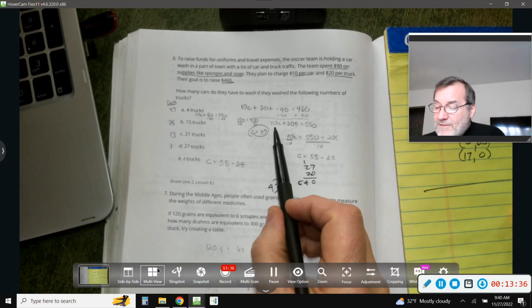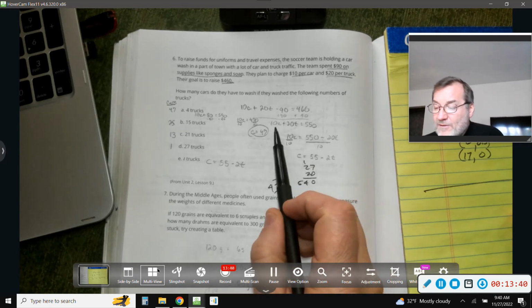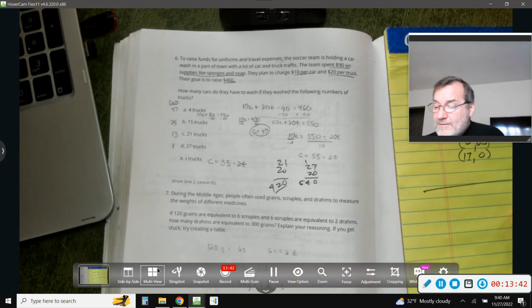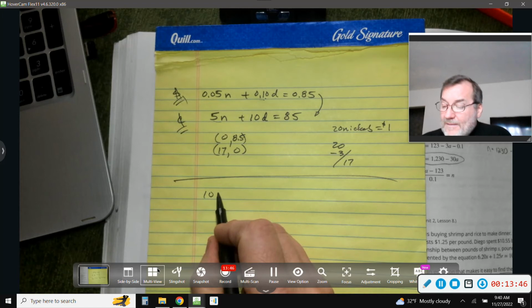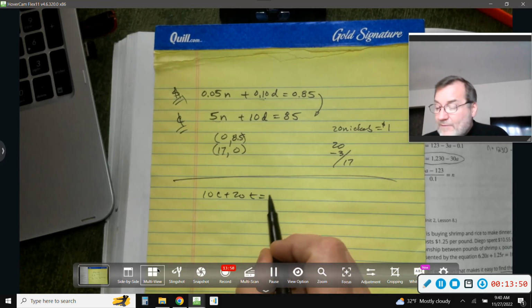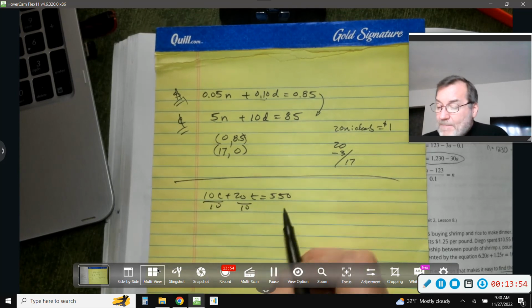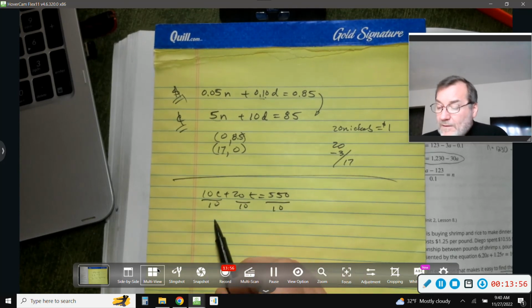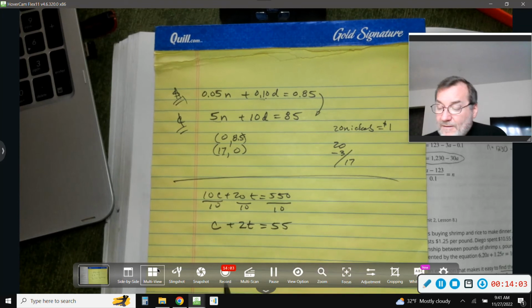You'll notice that you have a 10, a 20, and a 550. Each one ends in 0. You can reduce this, right? If you have 10C plus 20T equals 550, you can divide everything by 10, and this turns out 1 car plus 2 trucks equals 55, right?